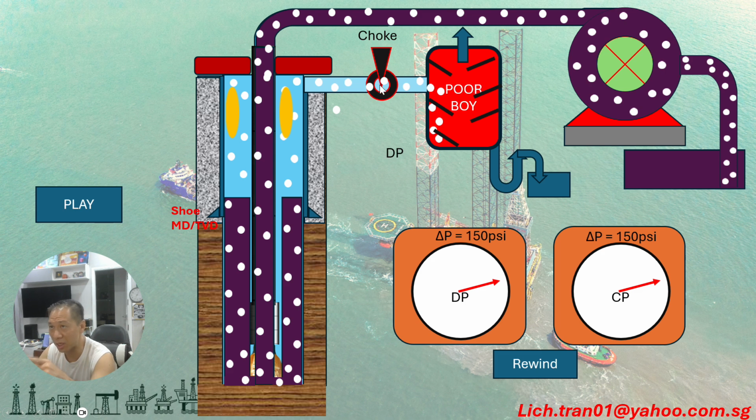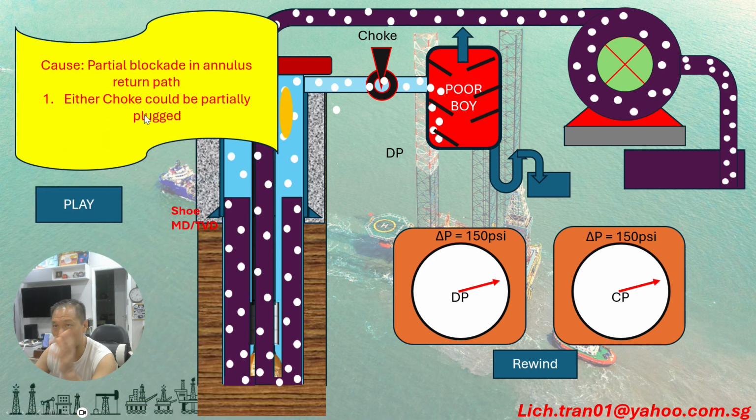So at the choke here, you have plugged up choke or whatever plugged up after the choke, aeration. Aeration is easy, you can see, all right? Now, what you can't see is the choke plugged up, all right? So only one answer here. The choke could be partially plugged or completely plugged, all right? All right, so that's it.